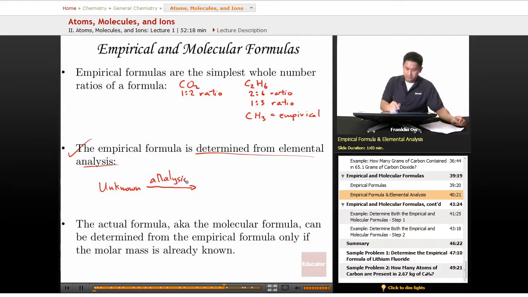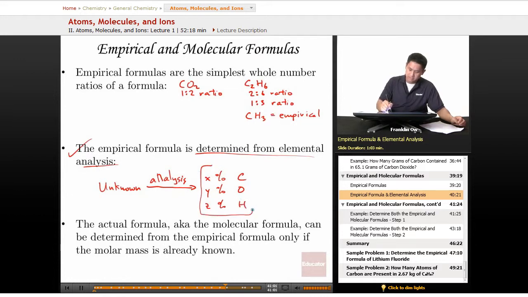After you perform this analysis, you're going to get a printout of the percentage that a certain element makes up in your unknown. So you're going to get X percent of, for example, carbon, Y percent of, for example, oxygen, and Z percent, for example, hydrogen.